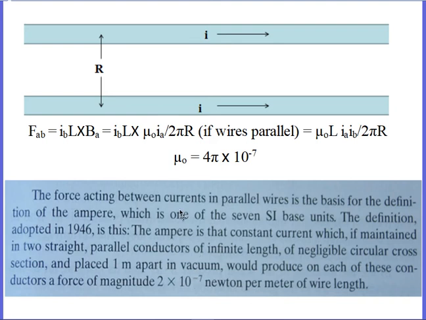That's the permeability of free space, and if there were some other material in here, then this would need to be multiplied by some equivalent of a dielectric constant, a diamagnetic constant perhaps.